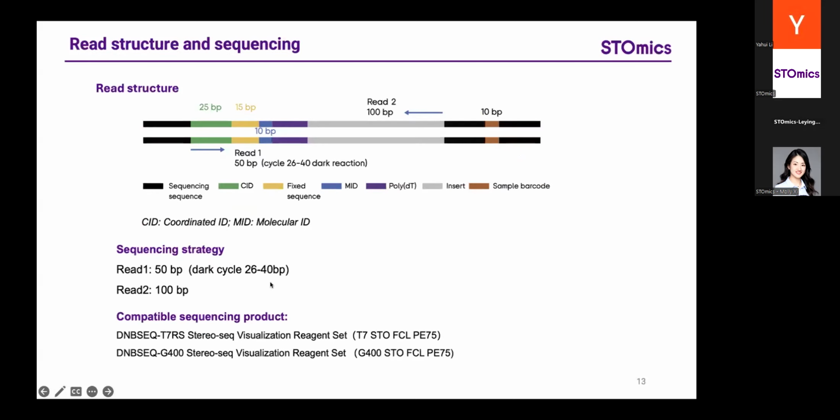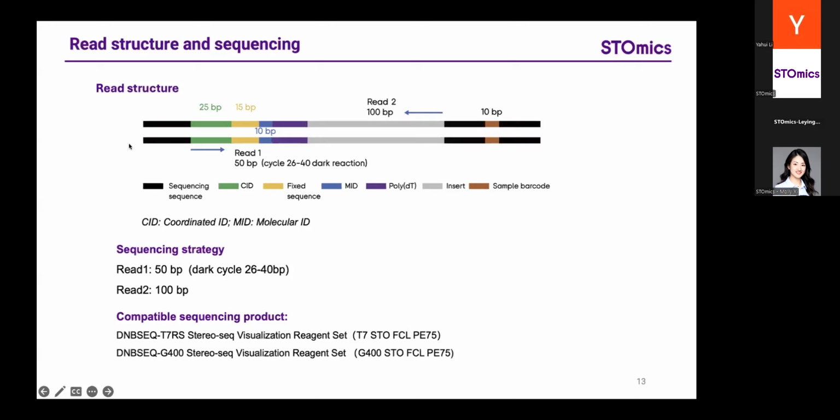It starts with the sequencing adapter, followed by the CID sequence, which is the special barcode, then a fixed region, followed by the MID, which is for gene count, and then the poly-T and the cDNA inserts. On the other side, we have another sequencing adapter.